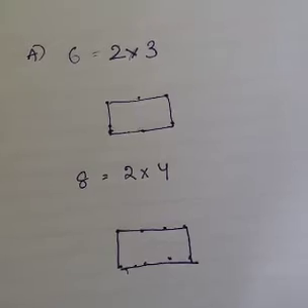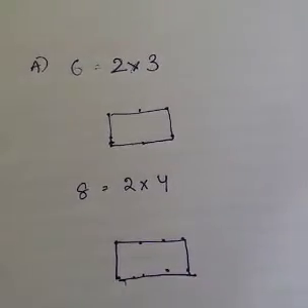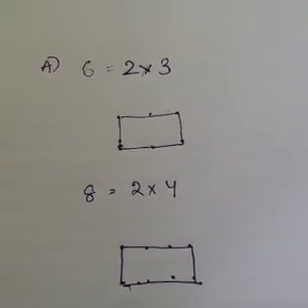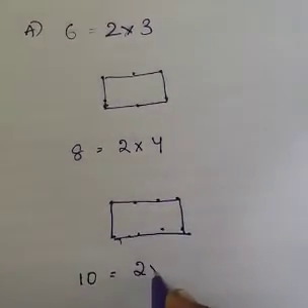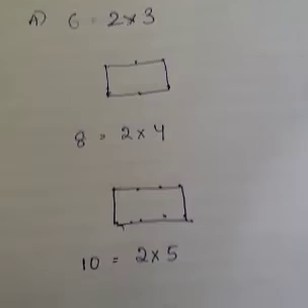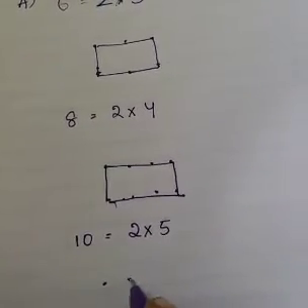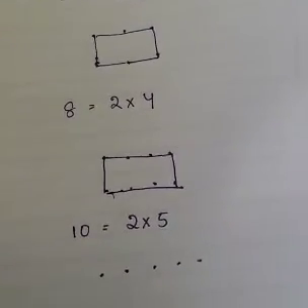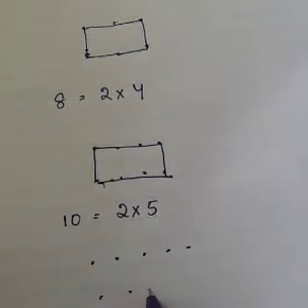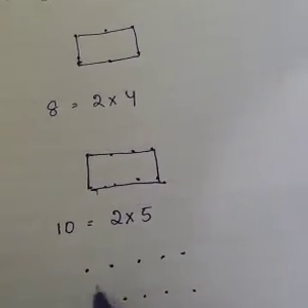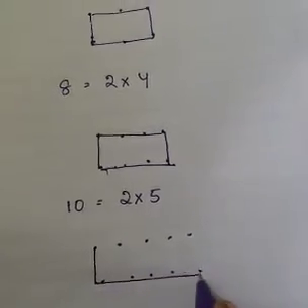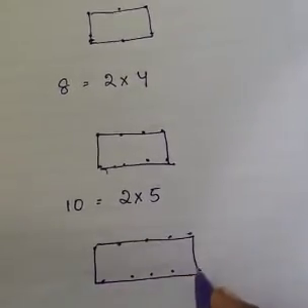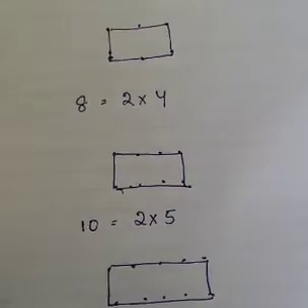Next, 10. 2 into 5. 1, 2, 3, 4, 5. How many dots are there totally? 10. 2 into 5 is also shown as a rectangle.